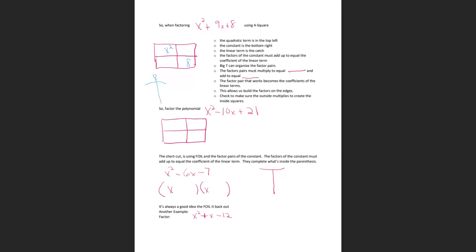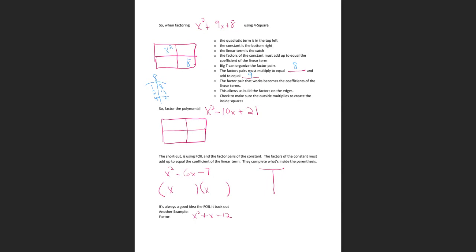The factor pairs must multiply to equal the 8, and they must add up to equal the 9. Basically I'm breaking apart the 8 into its factor pairs. So I'm going to have 1 and 8, 2 and 4, 3 isn't going to work, 4 and 2.